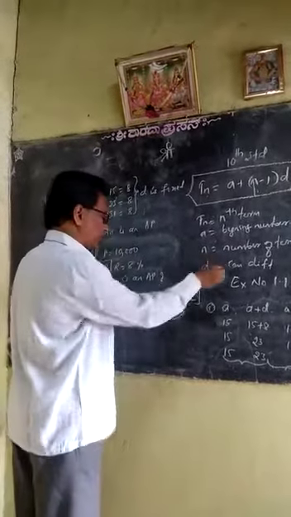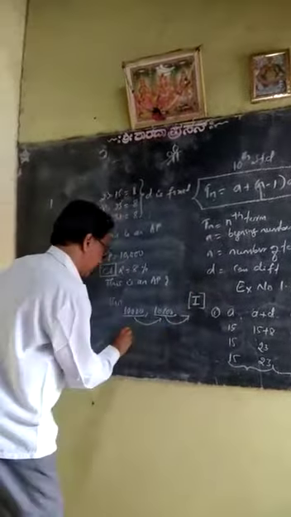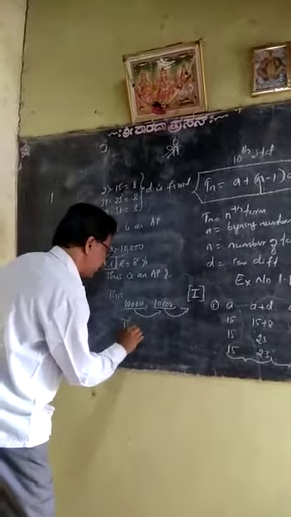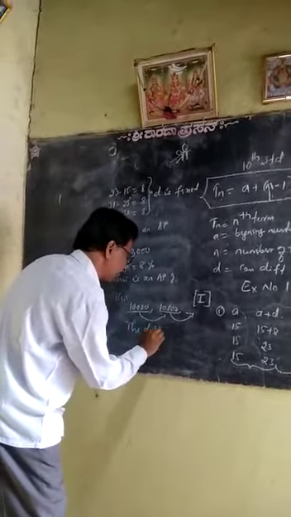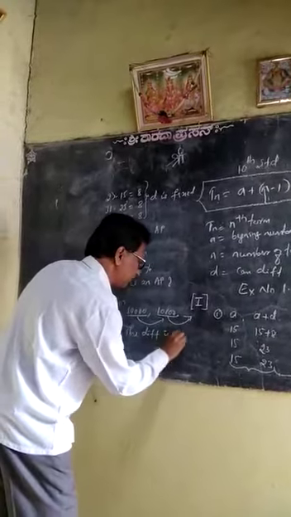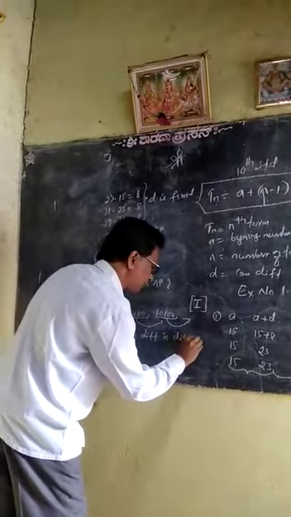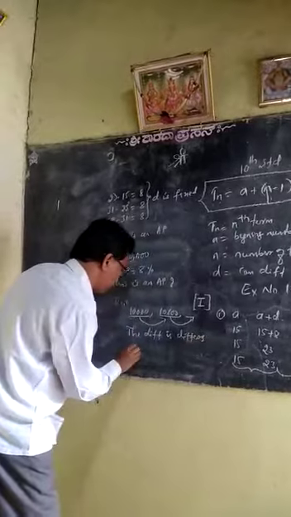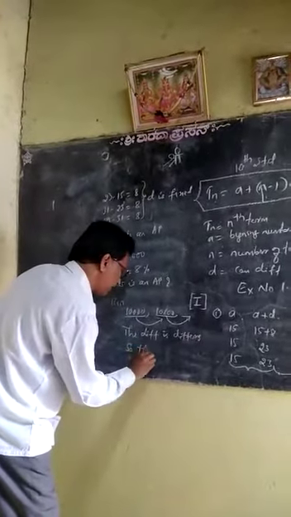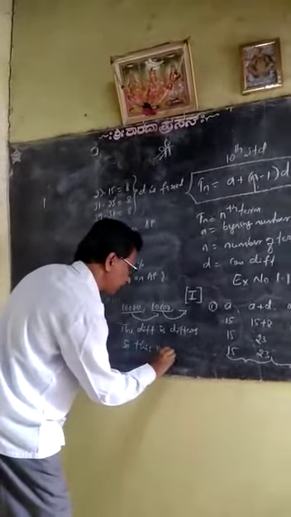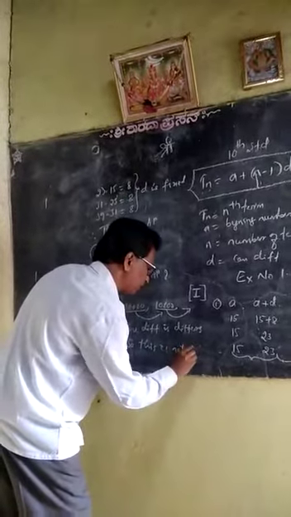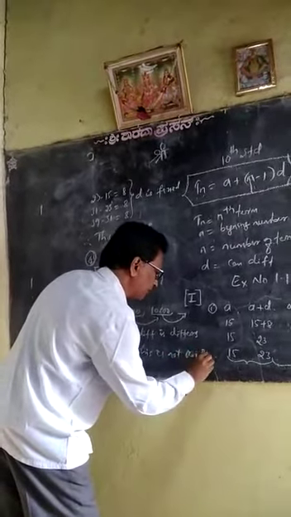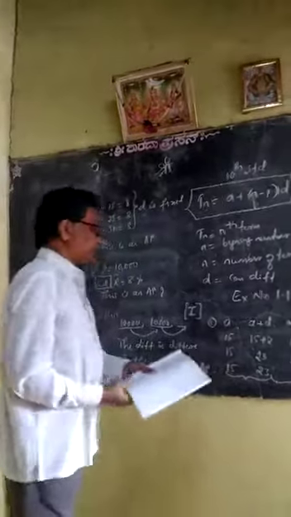So it becomes more and more. It means the difference differs. So this is not an AP. So understood, I think.